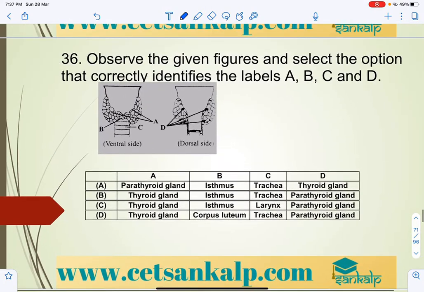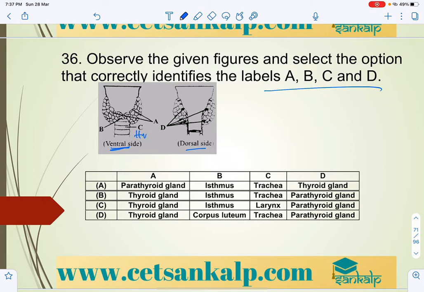So observe the given diagram. Just now we discussed this in the synopsis. Look at the diagram, this structure: this is a ventral view, and this is a dorsal view. In the dorsal view we can't see the hyaline cartilage. So C is hyaline cartilage, this is the thyroid gland, and D is the parathyroid gland, and B is the isthmus, connective tissue. A is the thyroid gland, so that is not the answer.